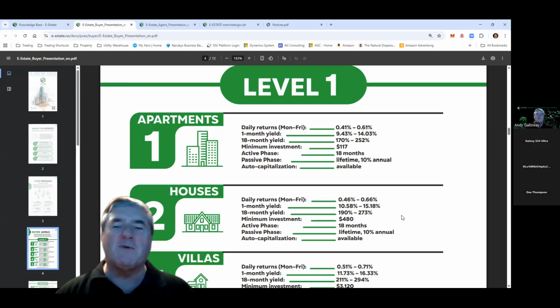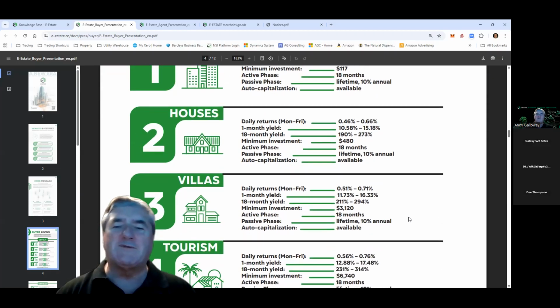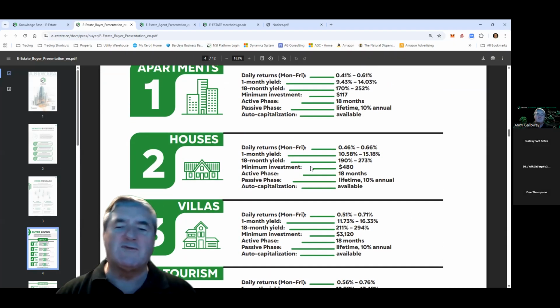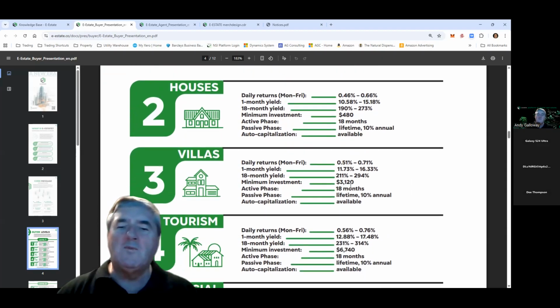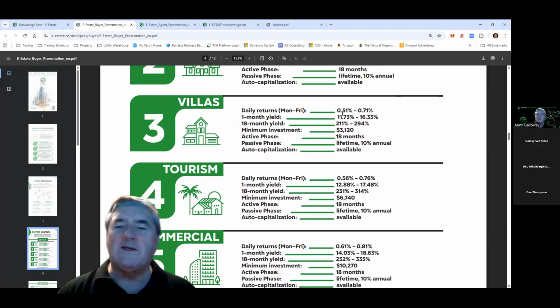So you have apartments. In level 1, you can also buy houses. Now, the return on houses is higher than for the apartments, but the minimum investment is higher. So instead of 117, it's 480. With villas, again, it's a better return, but it's a higher starting point.